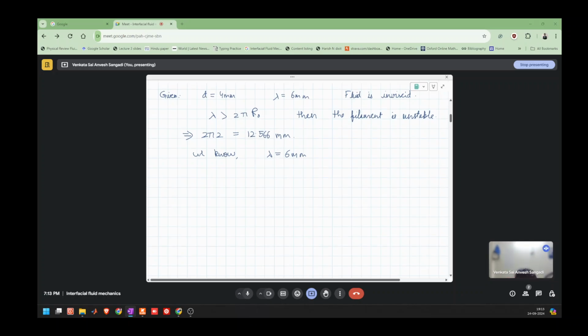Therefore, lambda is less than 2 pi r naught. This implies the filament is stable.